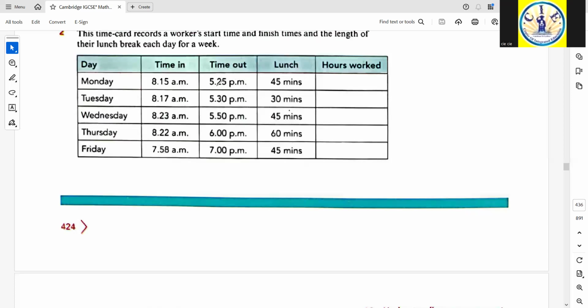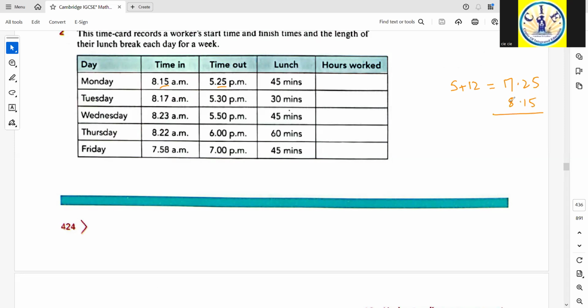First of all, you need to see that the time in on Monday is 8:15 and the time out is 5:25. So 5 plus 12 is 17:25 in the evening, and 8:15 was there in the morning.